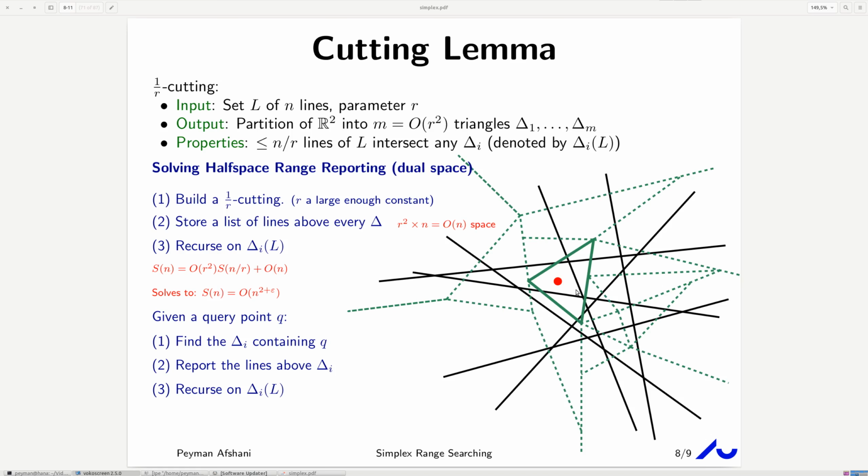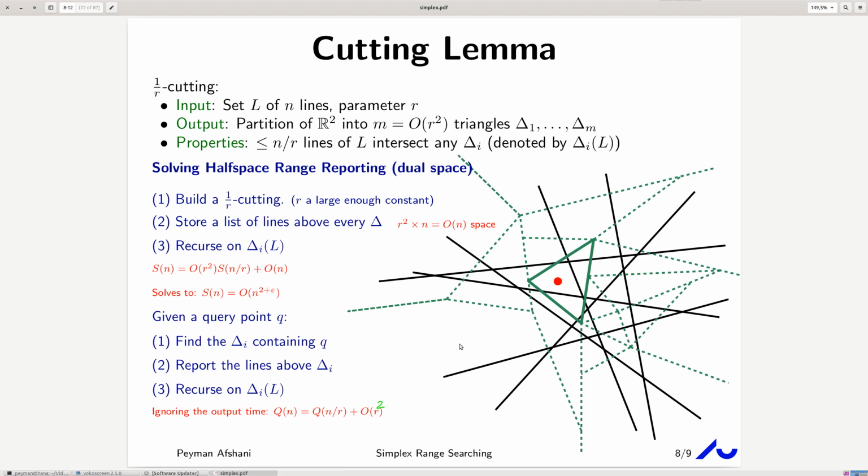It's a very simple query algorithm, and it's also very easy to find a recursive formula for this. Ignoring the time that it takes to report things, you essentially have this kind of recursion, and actually this should be R squared, because I have R squared triangles. I look at every triangle, I produce a list, and otherwise I recurse.